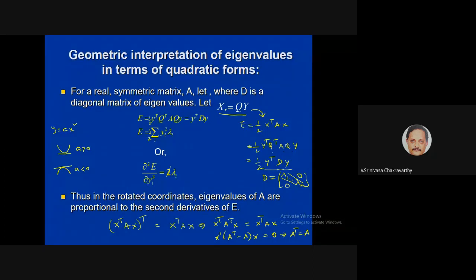So then let us look at a transformation: x is equal to Qy, so y equal to Q transpose x, whichever way you take.